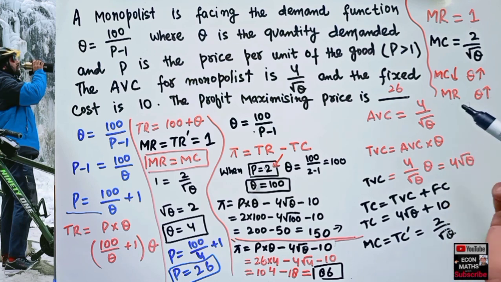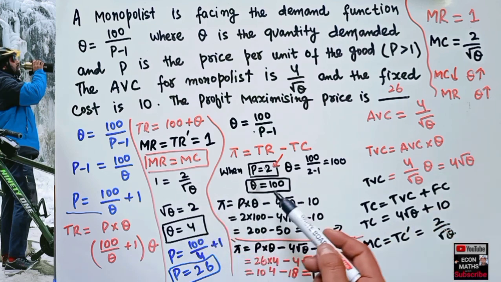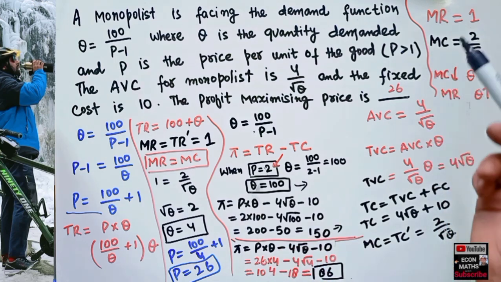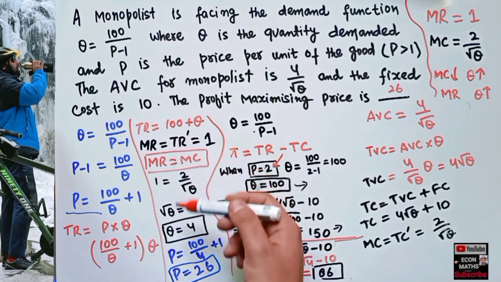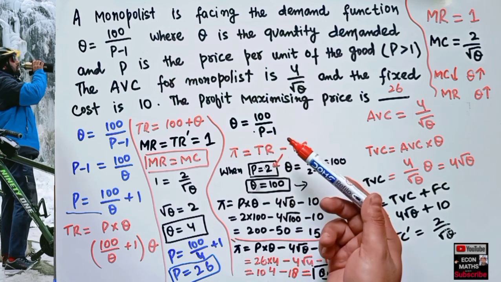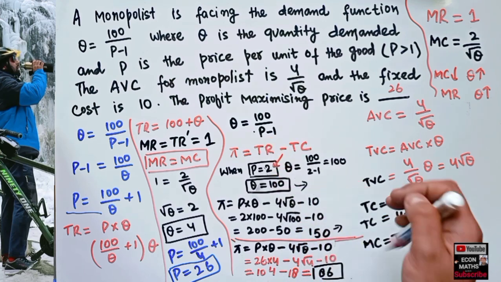That means the monopolist should produce as much as he can produce, that means he should produce 100 units here, so that his marginal cost is minimum, since marginal revenue is constant. So by this method, I guess the minimum price that the monopolist should charge should be equal to 2.